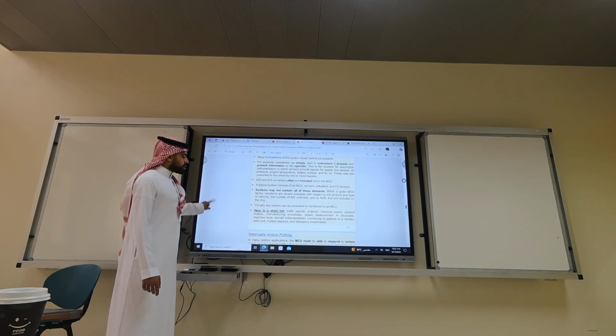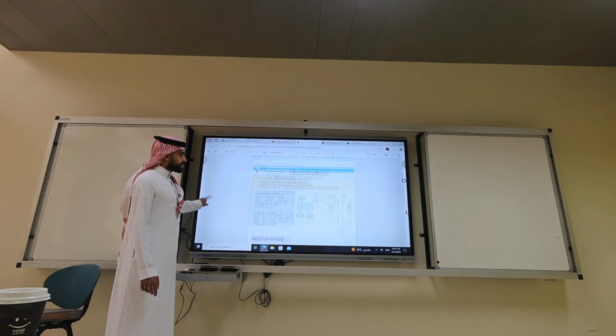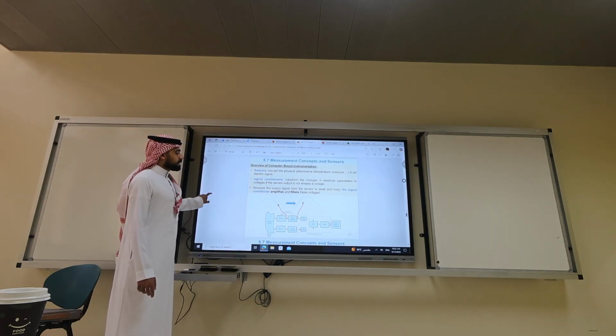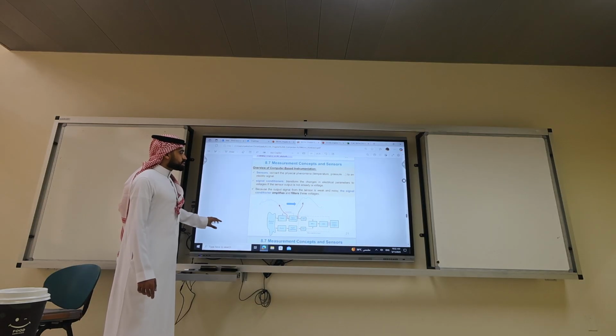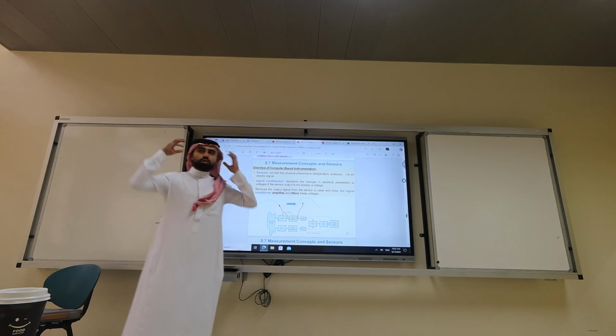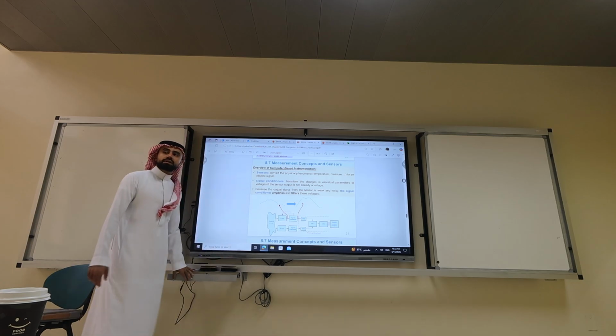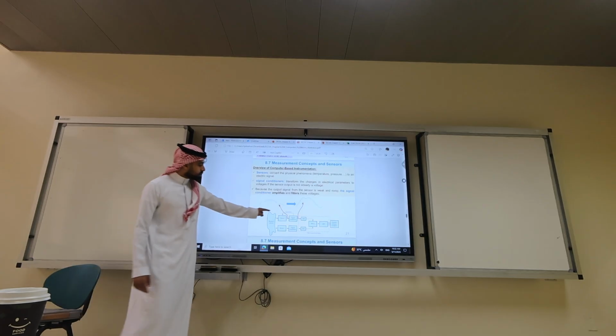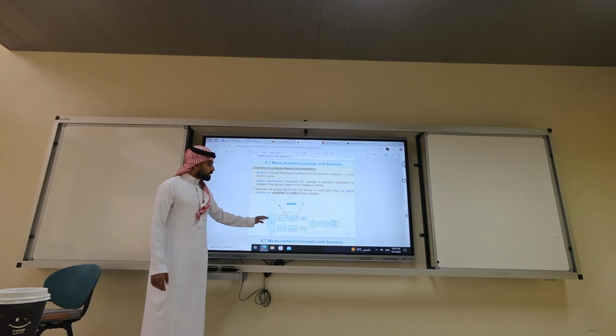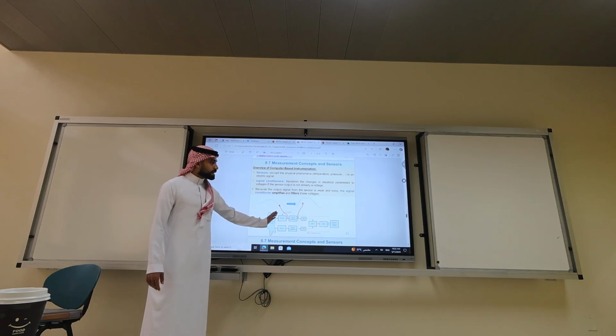So the first thing I want you to know about, ya shabab, is what are the stages when you measure a signal. You use sensors. So this is your hardware, okay? The first layer is sensors that connect you to the hardware.